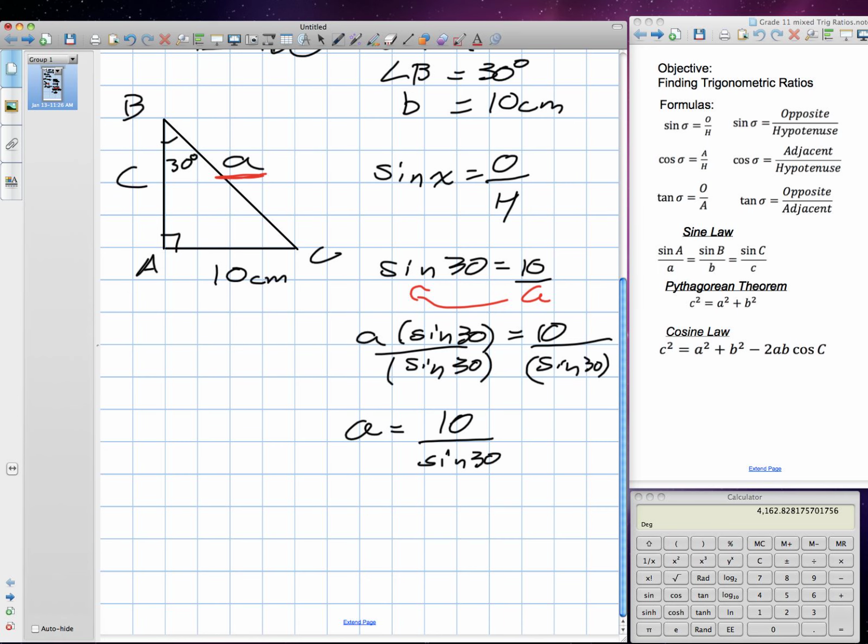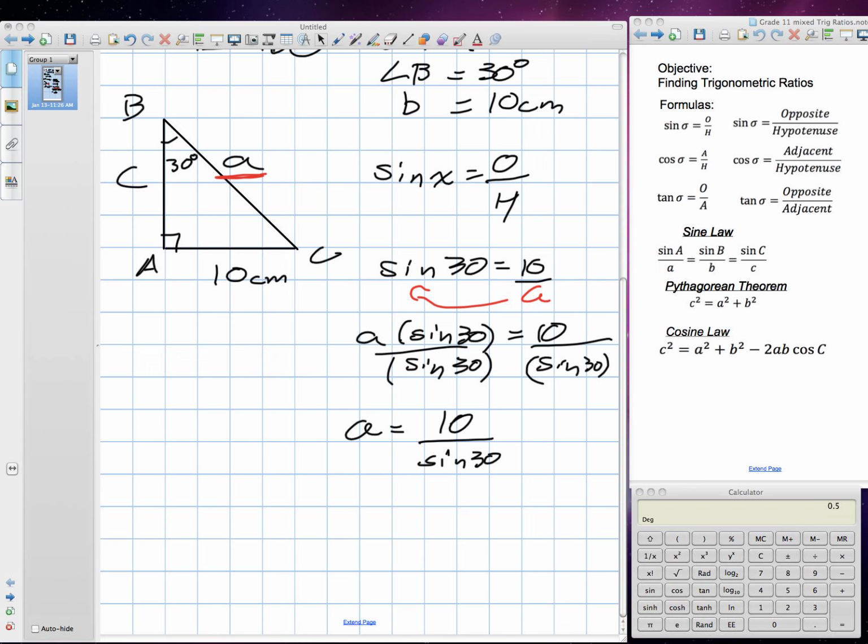So, sine 30 is equal to 1.9, repeating? That does not seem right. Okay, so we fix the calculator, it's 0.5. So 10 divided by 0.5, A is equal to 20 centimeters. Okay, so our hypotenuse was 20 in that question.